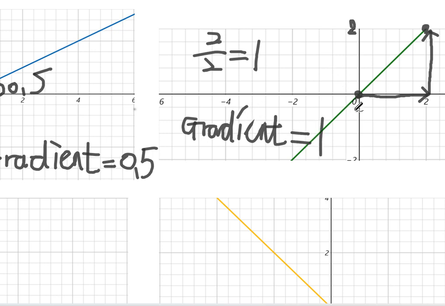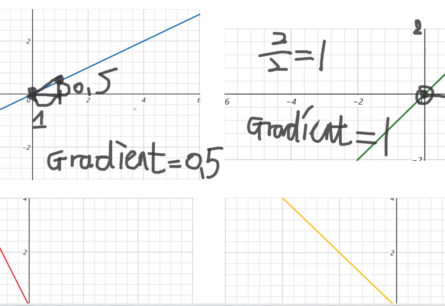This method is very good if you have only specific points where you know what the value is, like the last one. We don't even know whether this point is 1 or this part is 0.5. We actually don't know.